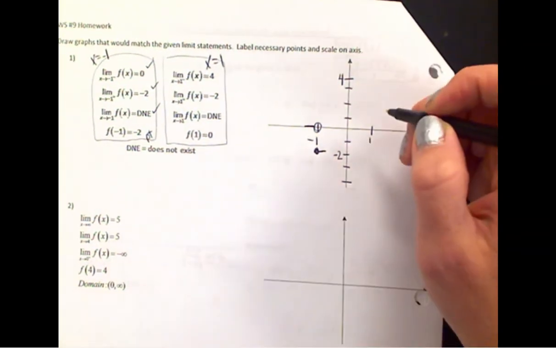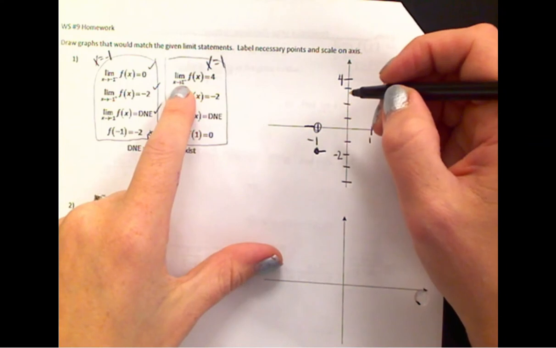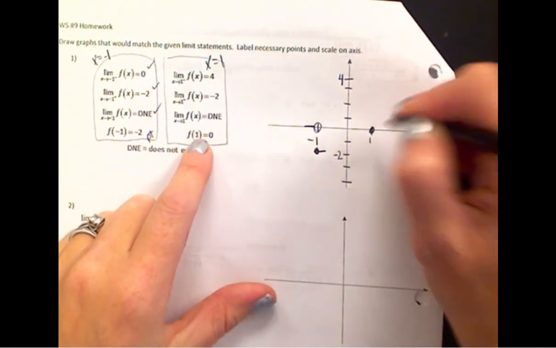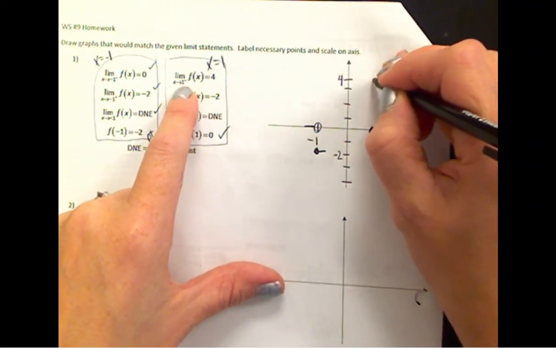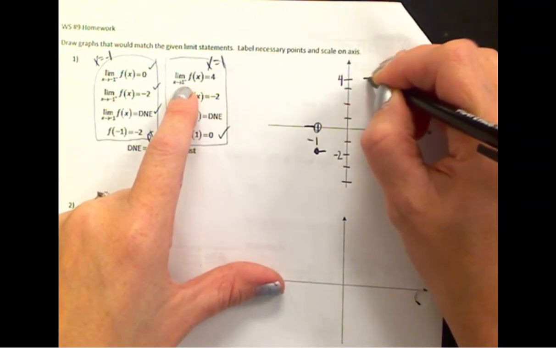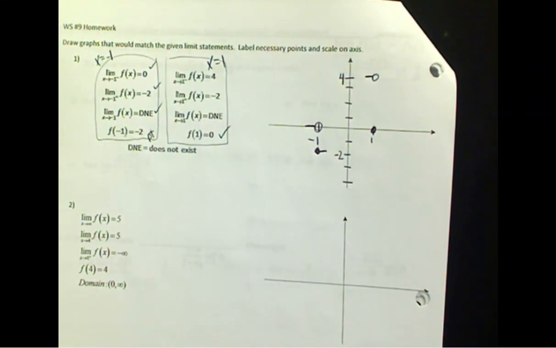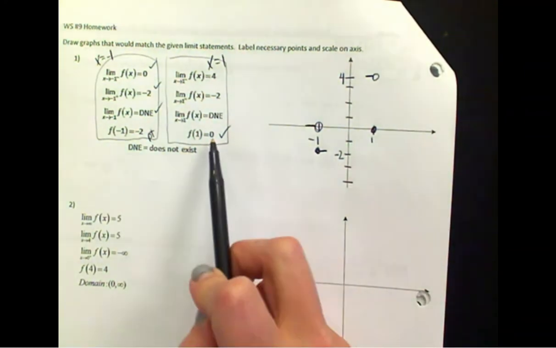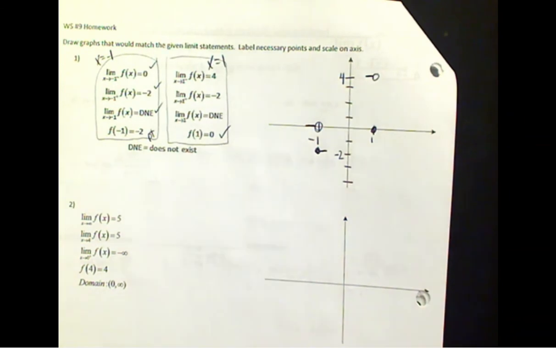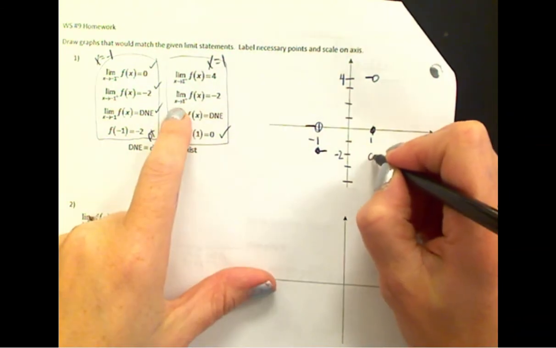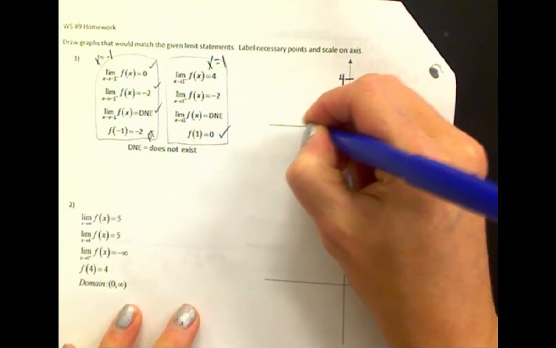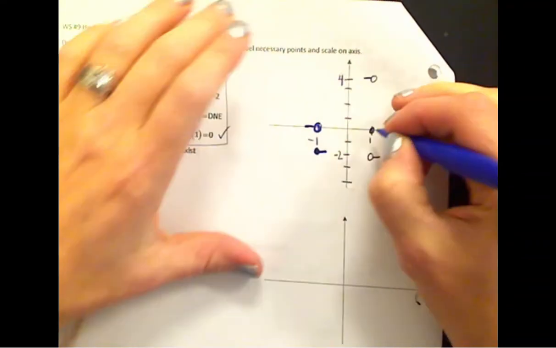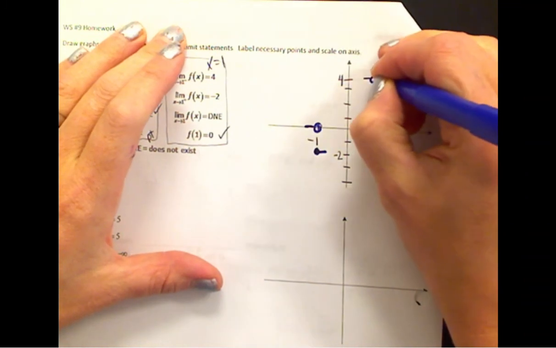At 1, okay, well 1, 0 I see as a point. Okay, check. 1 from the left is 4. Limits can be open points. The only thing you actually have to plot are actual coordinates. 1 from the right is negative 2. This is it, guys. When I grade a limit graph, that's what I'm going to grade, is this right here. Other than this, you connect the dots.